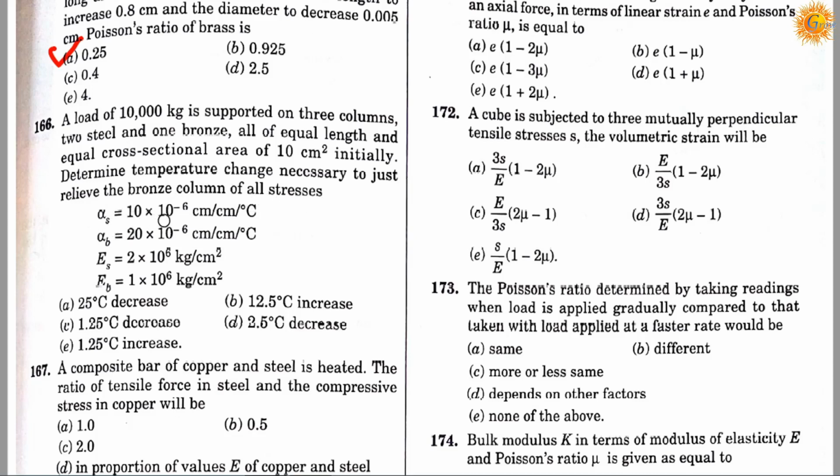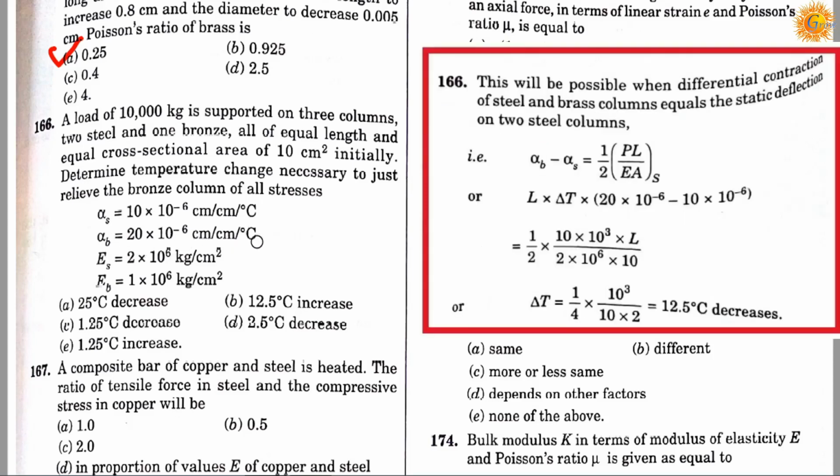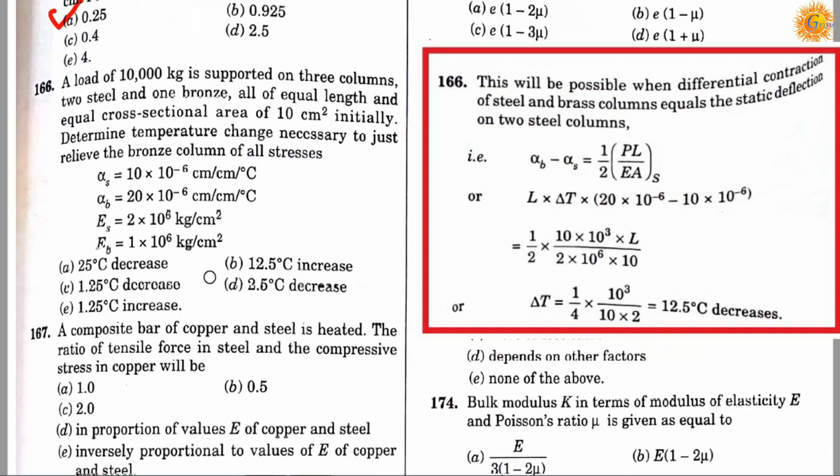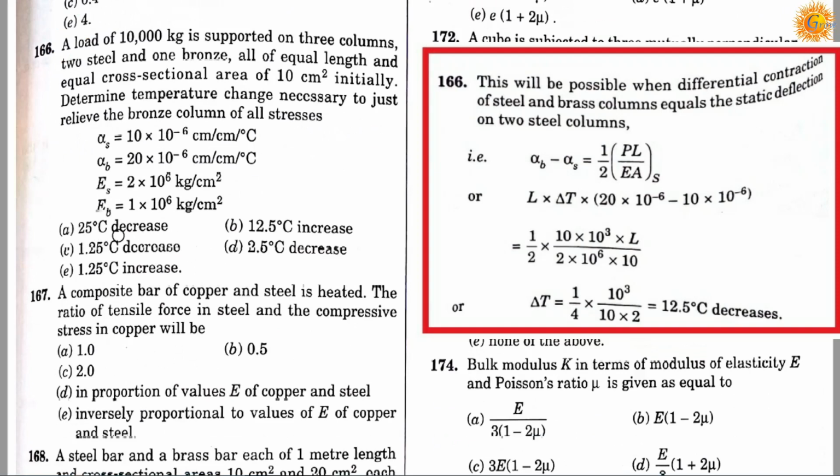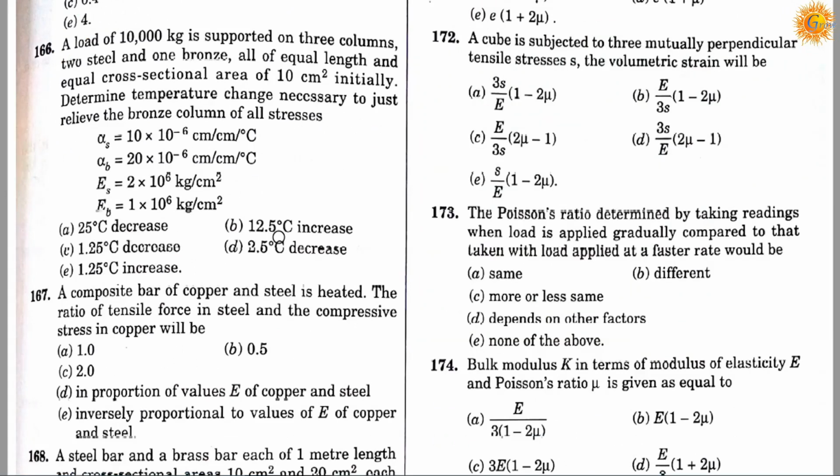Alpha S is equal to 10 into 10 the power minus 6 centimeter per centimeter degree centigrade, and alpha B is 20 into 10 the power minus 6 centimeter per centimeter degree centigrade, and ES is equal to 2 into 10 the power 6 kg per centimeter square, and EB is equal to 1 into 10 the power 6 kg per centimeter square. Option A is 25 degrees centigrade decrease, option B 12.5 degrees centigrade increase, option C is 1.25 degree centigrade decrease, option D is 2.5 degree centigrade decrease, and option E is 1.25 degree centigrade increase.